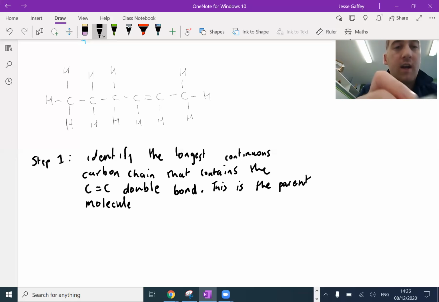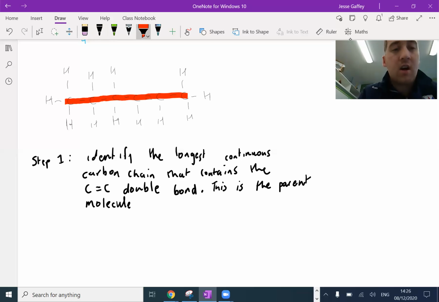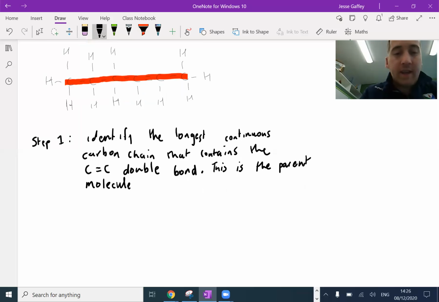Okay, so with a highlighter now, I'm going to identify the longest continuous carbon chain. Here it is. It's got 1, 2, 3, 4, 5, 6 carbons in it. So it's a 6 carbon chain. Therefore, it's going to get hex as a prefix, because it's got 6 carbons.